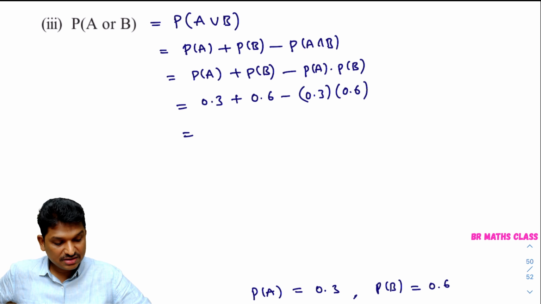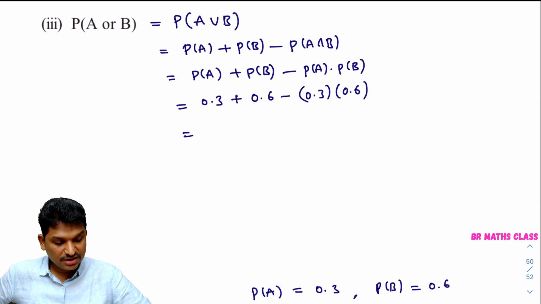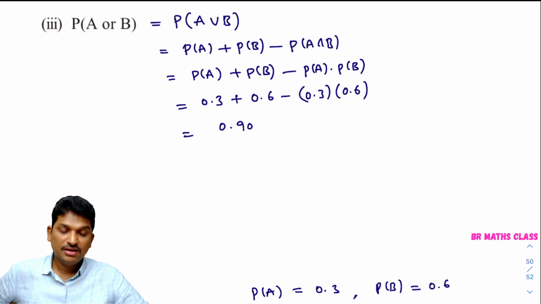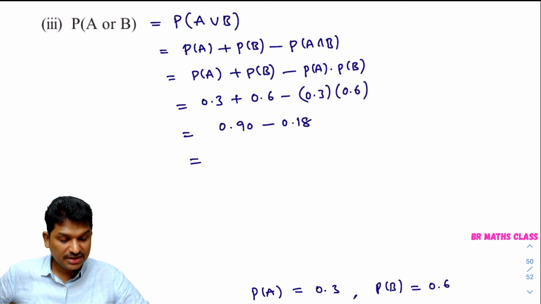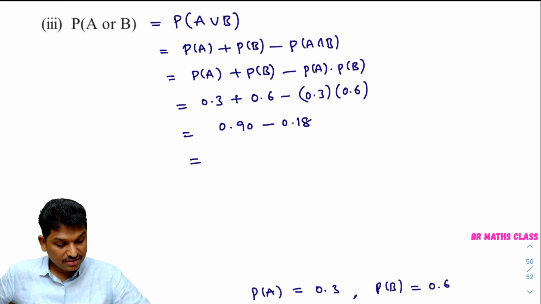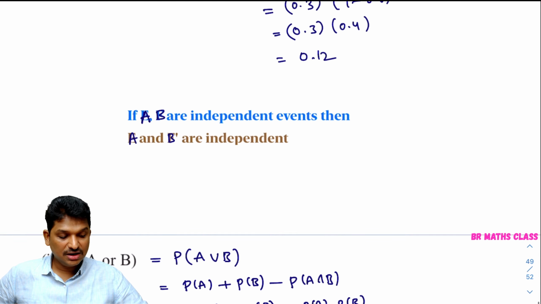Okay, you just add them. 0.3 plus 0.6 is what? 0.3 plus 0.6 is 0.9. That can be written as 0.90, right? Minus 0.3 into 0.6 is what? That is 0.18. Okay, so what you will get? 0.90 minus 0.18, 0.72. So we calculated third bit.